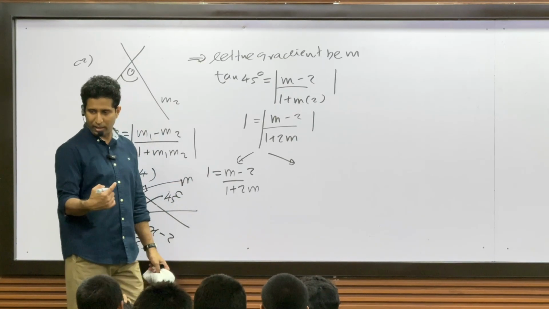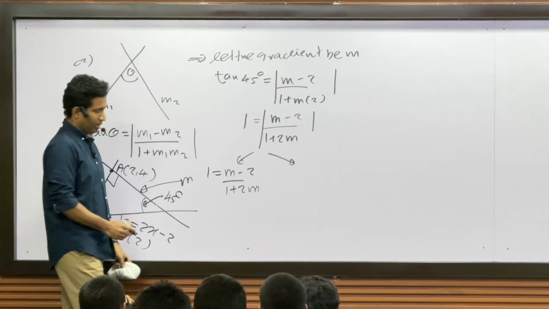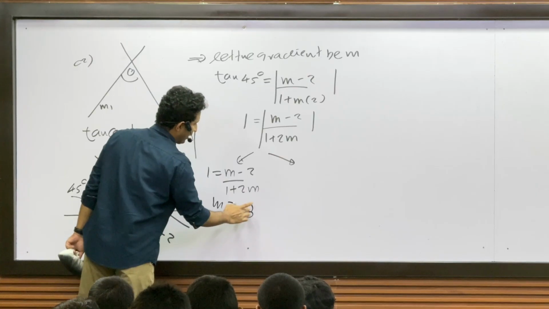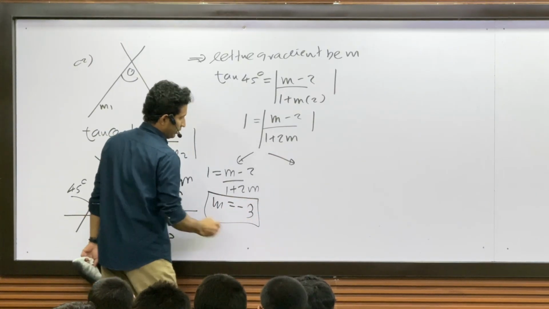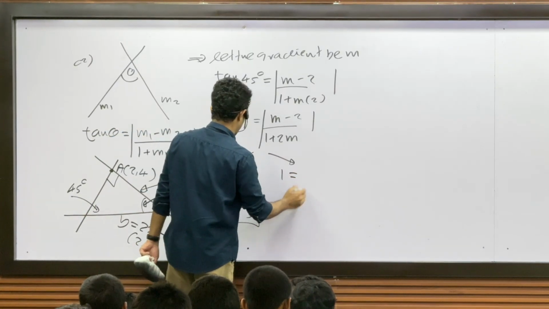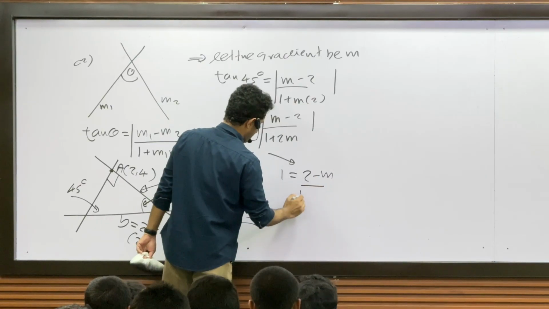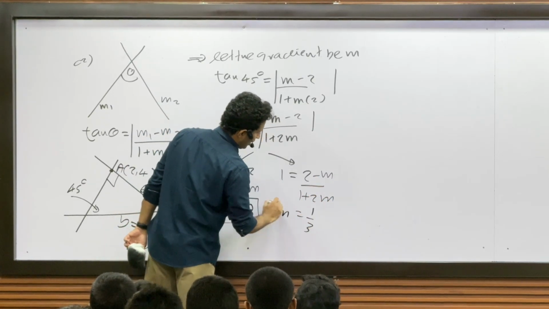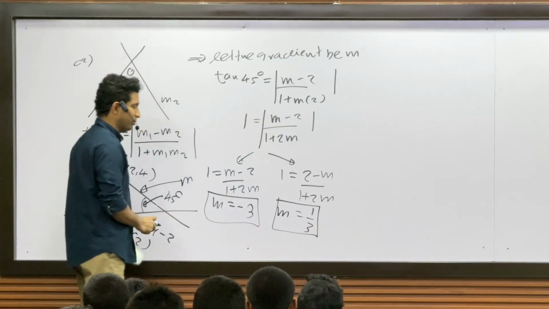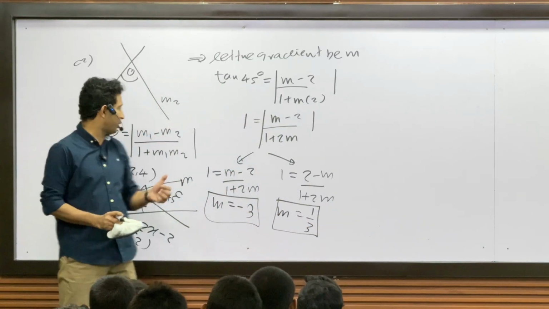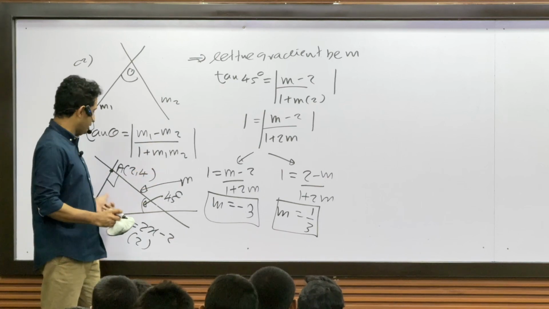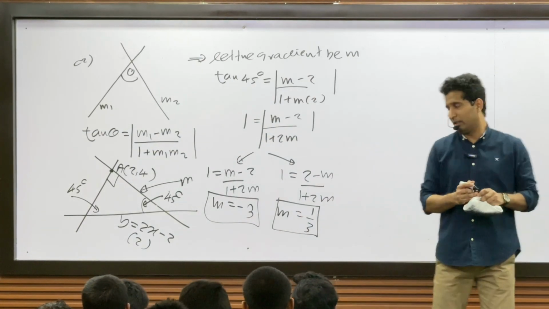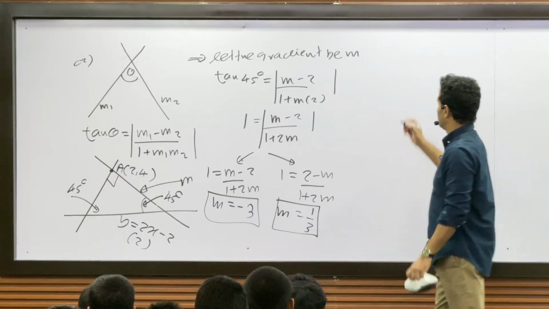The other one, when you take the minus case, gives m equals 1 over 3. These two lines should have such gradients because they are perpendicular to each other, negative reciprocals. Right.